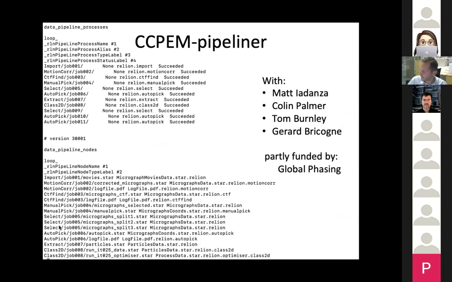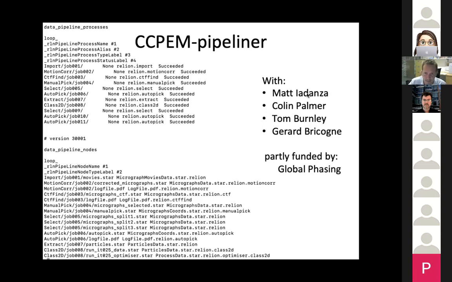Cool. Then the last thing to mention, this is not really a feature of RELION-4, but the RELION-4 pipeliner structure itself has been simplified a bit in terms of what are the nodes and the edges, etc., compared to the previous versions of RELION. And also, whereas we previously used integer numbers, we now use strings in these star files, which are hopefully easier to interpret by humans.